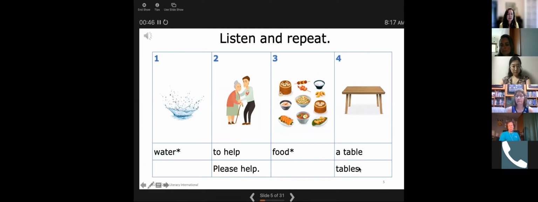The first picture we have here is water. We start out by saying the word in a simple sentence. So I would say, this is water. This is water.